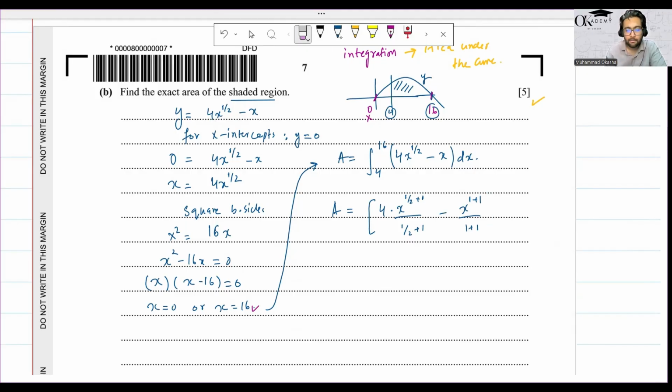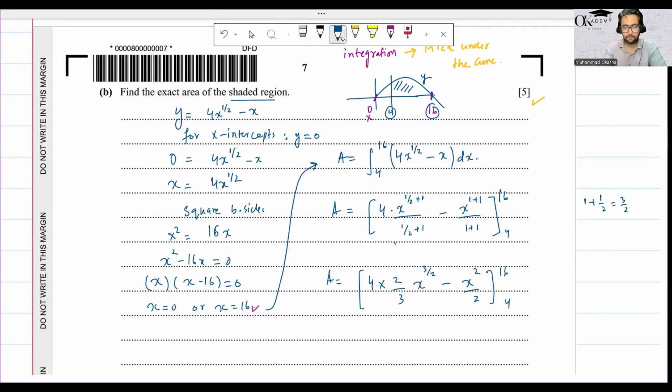And I'll write the limits of integration outside of the bracket, 4 and 16. Right. 1 plus a half is 3 by 2. Because of this in the denominator, once you multiply it, it becomes 2 over 3, x to the power 3 over 2, minus x squared by 2.